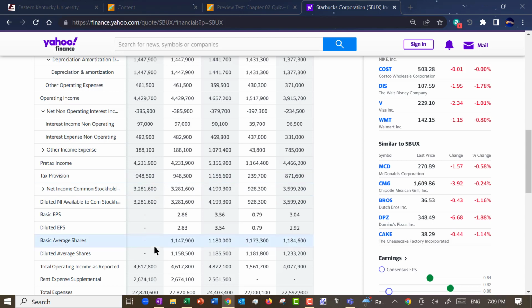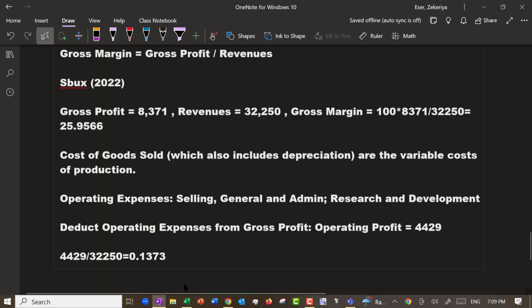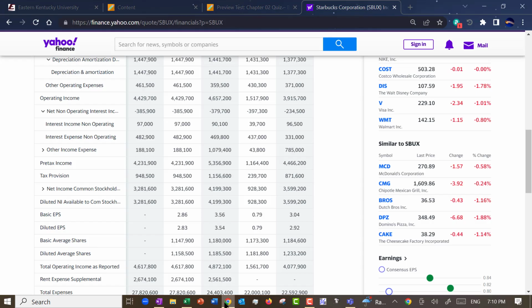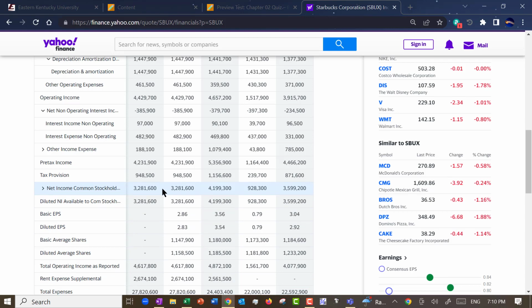So according to this, the tax rate is 22%, which happens to be the federal corporate income tax rate. But that doesn't necessarily mean that they pay that much.